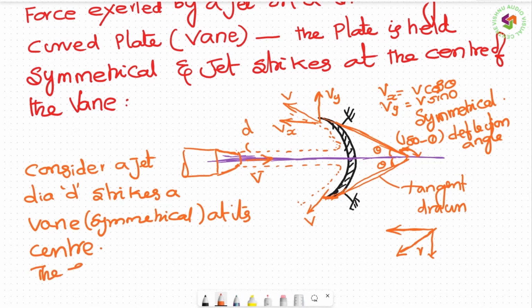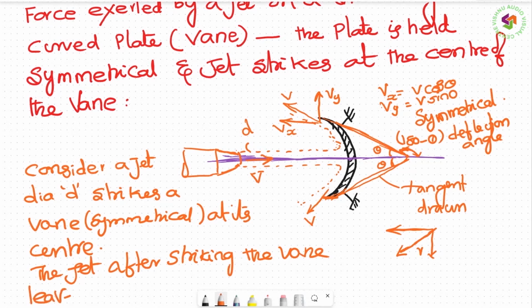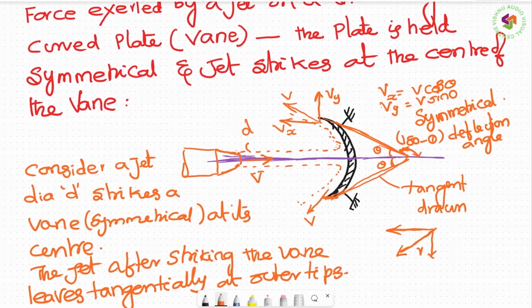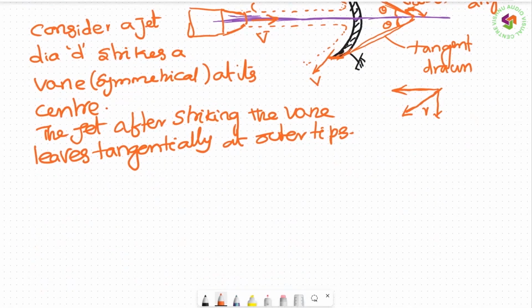The jet, after striking the vane, leaves tangentially at the outer tips.